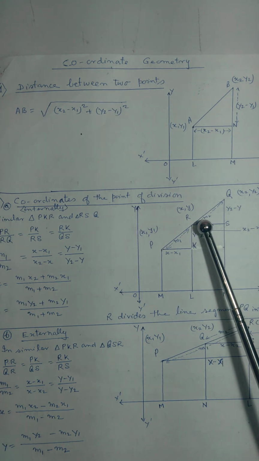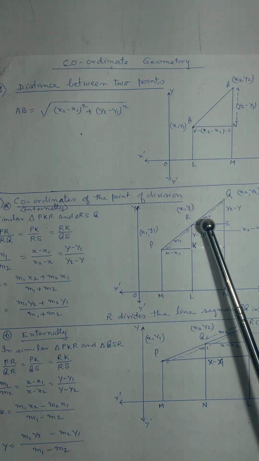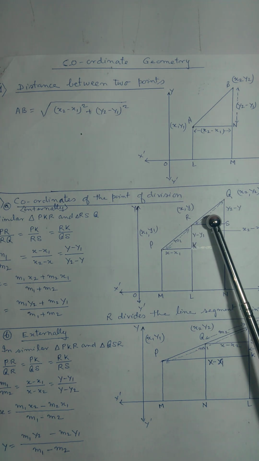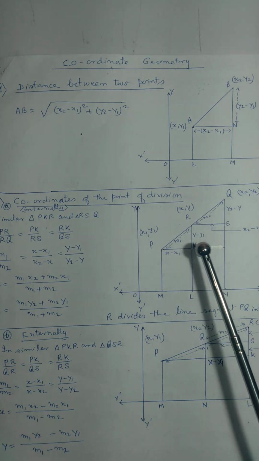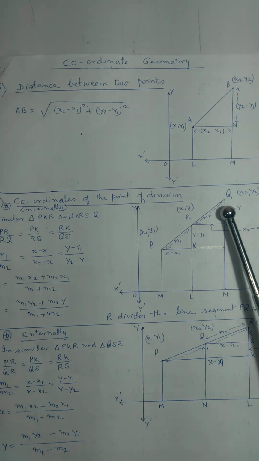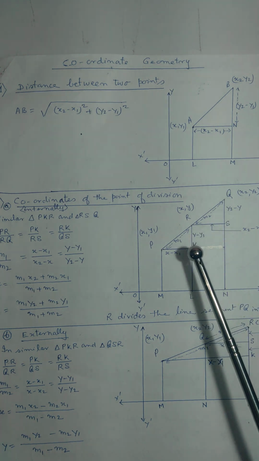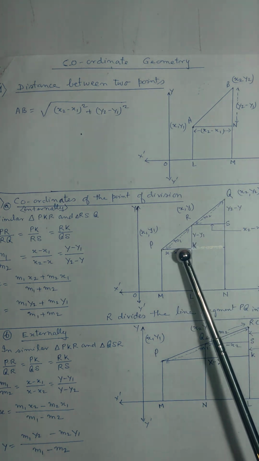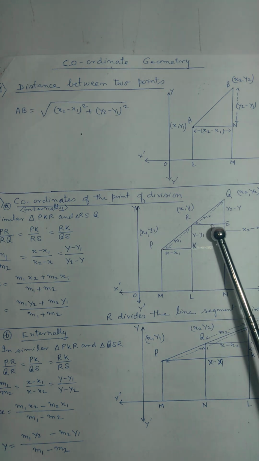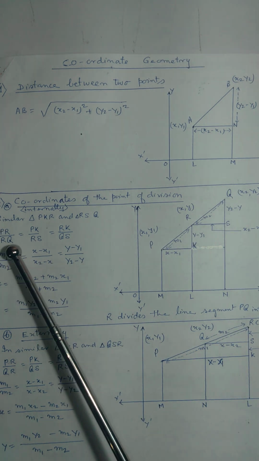Therefore, the angles at the points R and P are both corresponding angles. So once two angles are equal, these two triangles are similar. And once it has been established that the triangles are similar, then the sides are proportional.